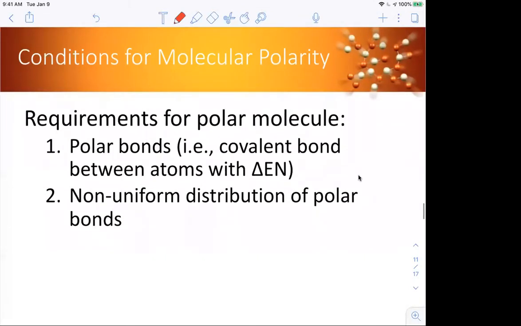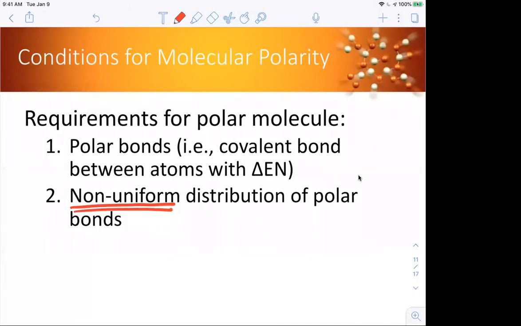So the conditions for polarity in terms of the overall molecule is it has to contain polar bonds. So I have to have covalent bonds that have a specific difference in electronegativity that falls within the polar bonding area. But I also have to have non-uniform distribution of polar bonds.